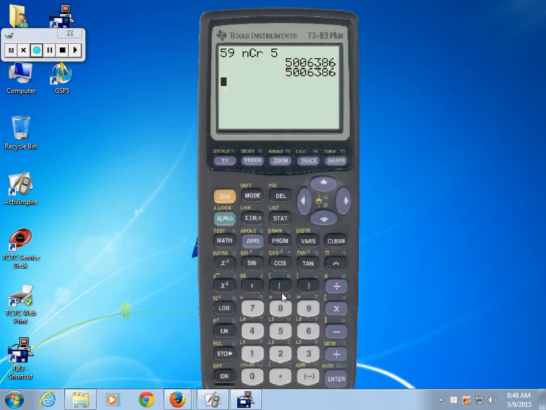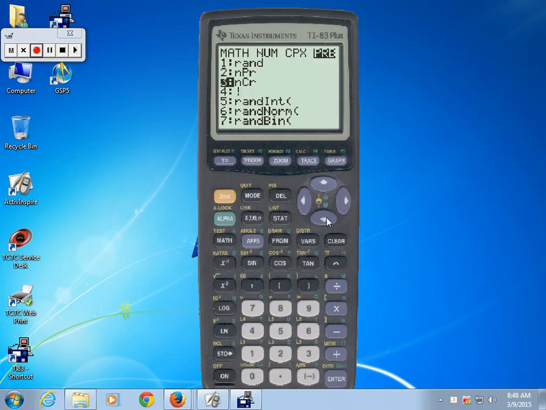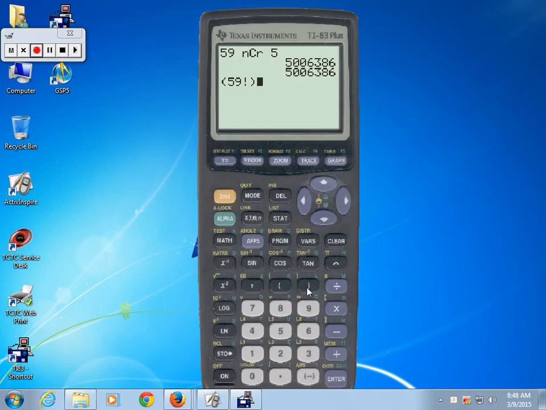And we're going to do parentheses 59 factorial. This is why I don't do it by hand. 59 factorial, and plus is a pain, divided by, and you got to put two sets of parentheses because you're doing two operations. Parentheses, parentheses, and we're going to do 59, that'd be 54 factorial.